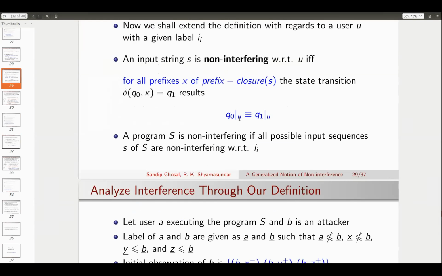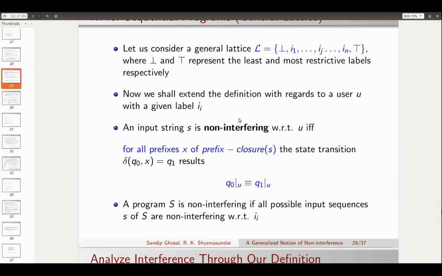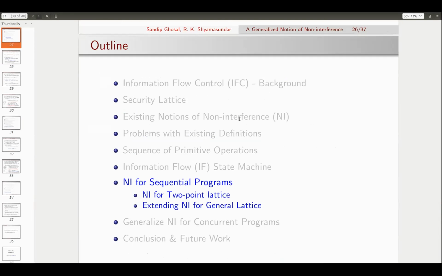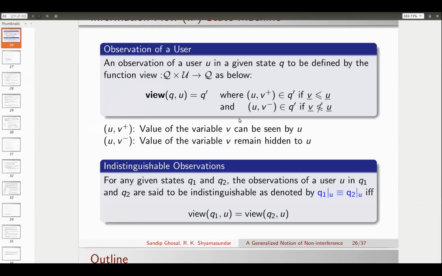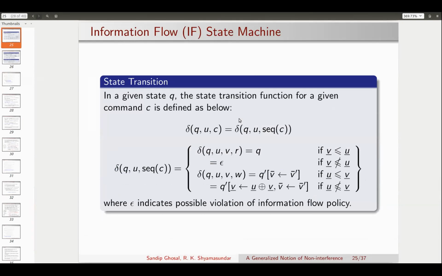Right. Yes, I have the answer for that. Thank you, the question is very good. What we have presented in this talk is basically the formalization of non-interference, and we can implement this for any sequential or concurrent language as well. We have implemented this for the Python language. We have a platform built on this particular theory, where a subject and object are given labels, and then we follow the properties of non-interference that we have proposed here.